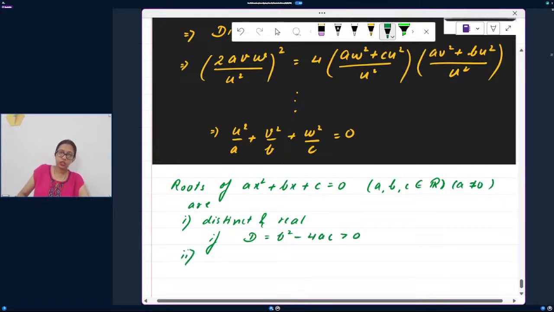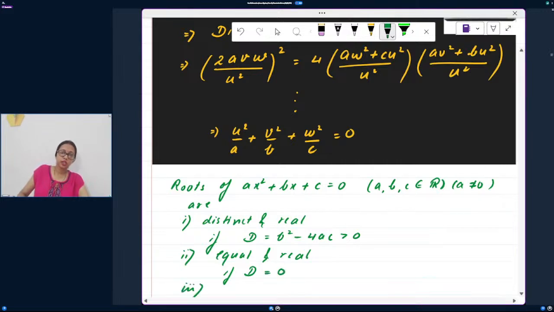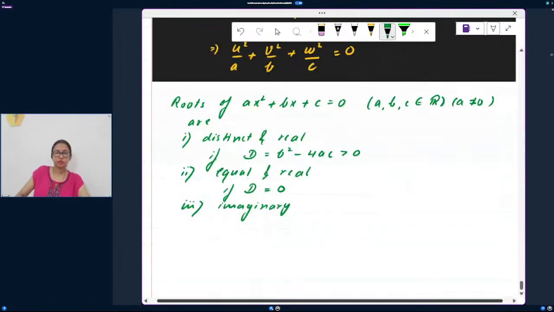Second, equal and real if D is equal to 0. And third, imaginary if D is less than 0. Okay, this is important.